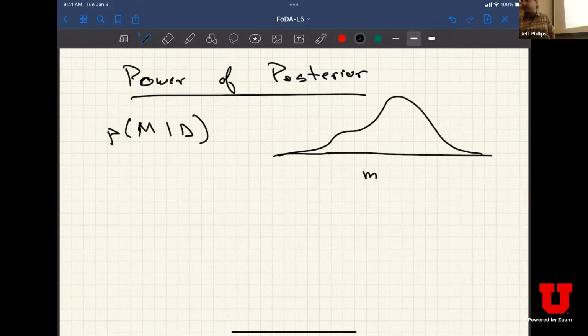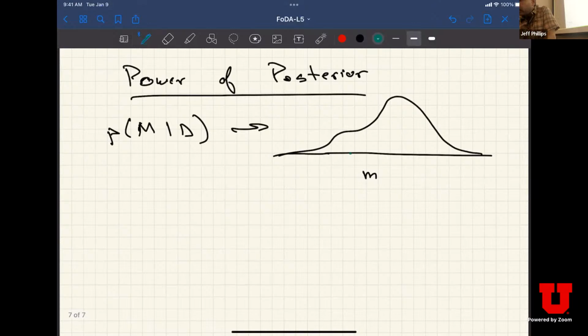This is what the posterior is actually telling us. We should think of it as parameterized now just by one parameter. We'll look at multiple parameter models in the rest of the class. But we have this distribution over the models, and this means we can do a few other things.